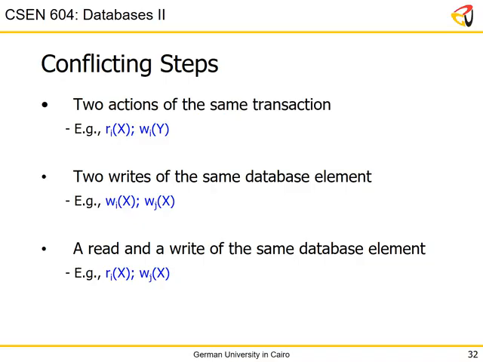Now the third point is the read and write of the same database element. So transaction I is reading X and transaction J is writing X. So if you allow I to run first, then you're reading the old value of X, and then J will write the new value of X. If you reverse them, J will write the new value for X, and now I, when it runs, will read the new value of X, not the old value.